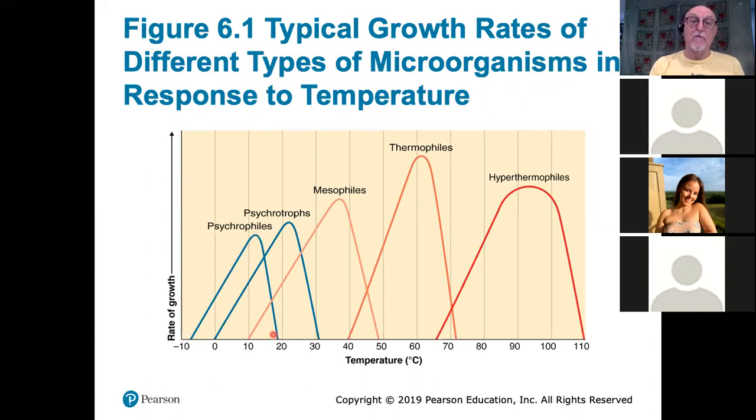So this group of organisms, look at what they are constrained to. They are constrained to an environment between about -8 degrees Celsius and about 18 degrees Celsius. And those are their extremes. There's hardly any growth there. Their optimum is around about here, about 12 degrees Celsius, which is cold.